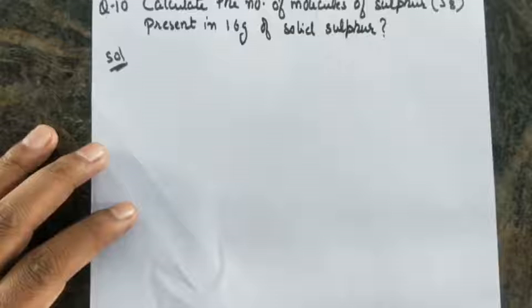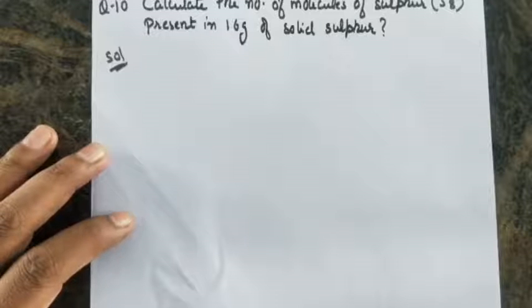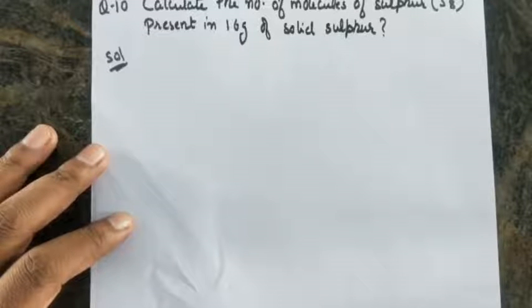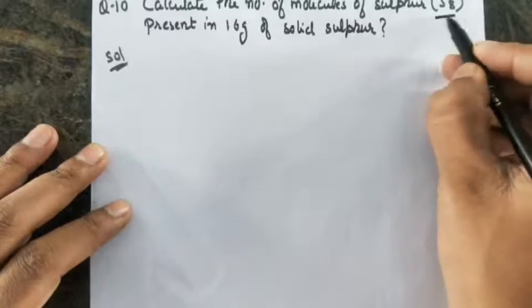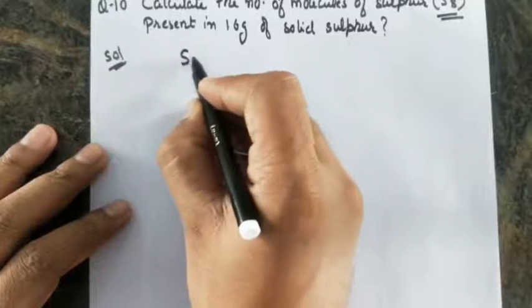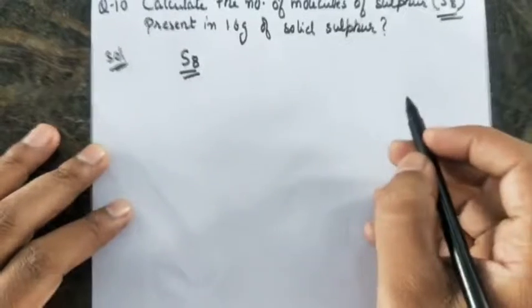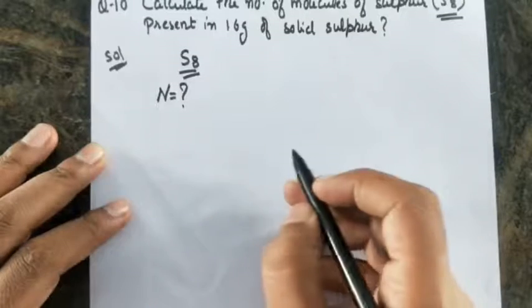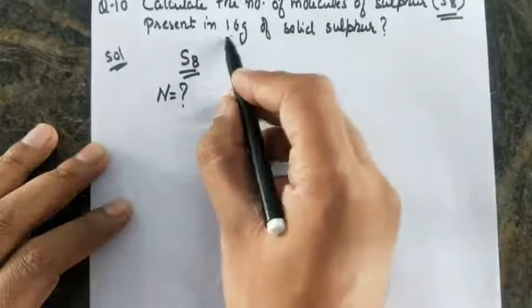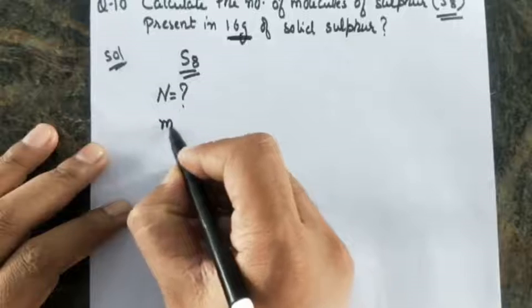Next students, question number 10. Calculate the number of molecules of sulfur present in 16 gram of solid sulfur. So students, in this question, the formula is already given, that is S8. We have to find the number of molecules, that is capital N, and we are provided with mass, that is small m.